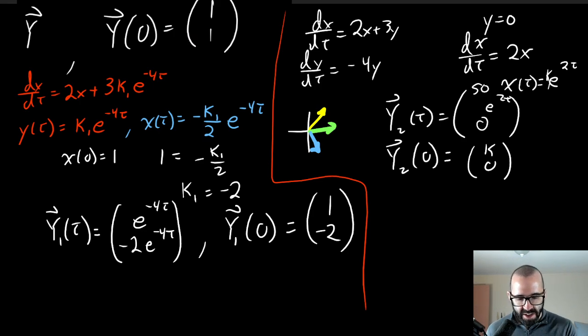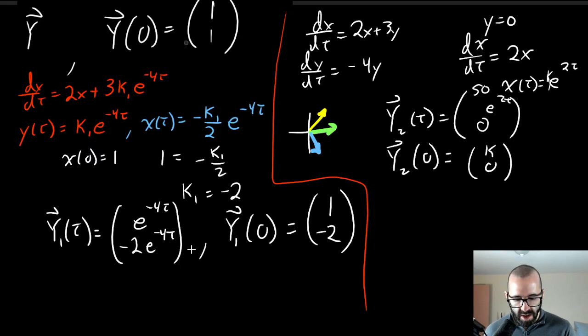Okay? So our solution is just going to be, by the linearity principle, we know that y1 times some constant, any constant, is a solution. So what is this? That's going to be any constant times this first one.